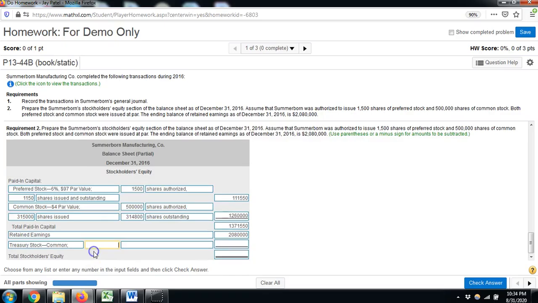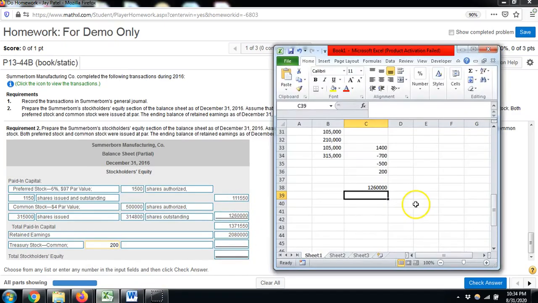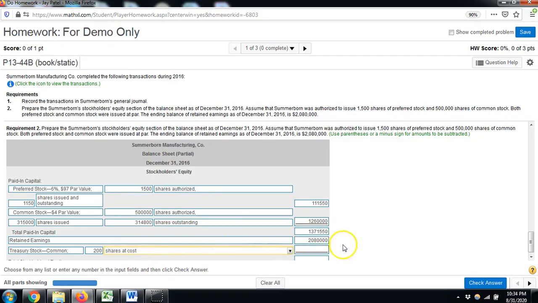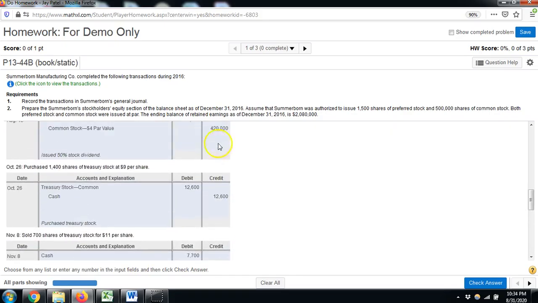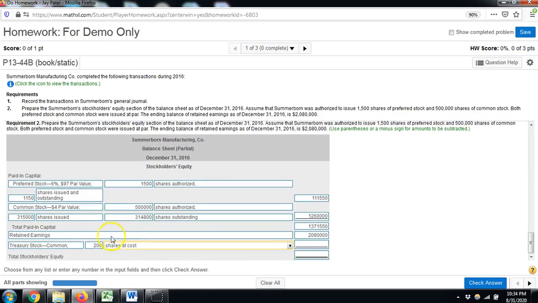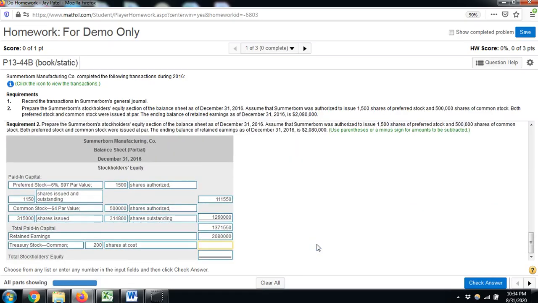And then the number of treasury stock that we have, we saw this already when we did this calculation for our shares outstanding, that there's 200 shares still held as treasury stock. So this is treasury stock, shares at cost, and that cost, if you recall, was $9 per share. So 200 times $9 is 1,800, and it's going to be a subtraction.